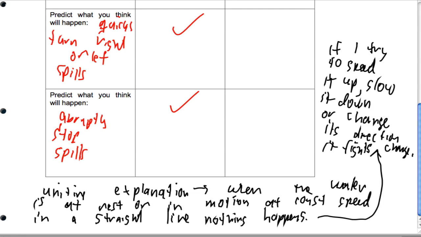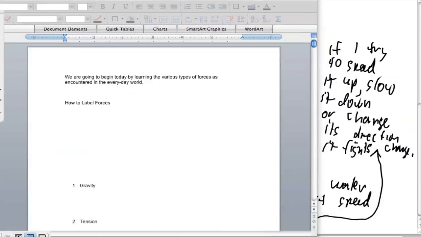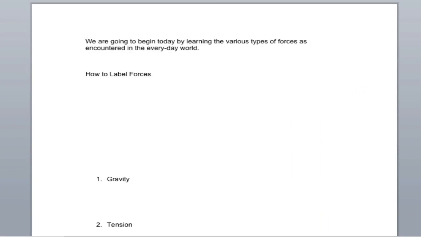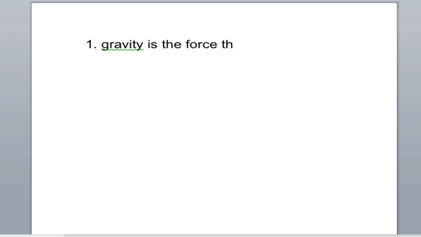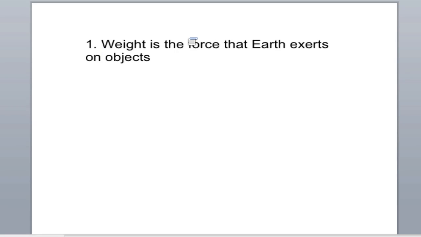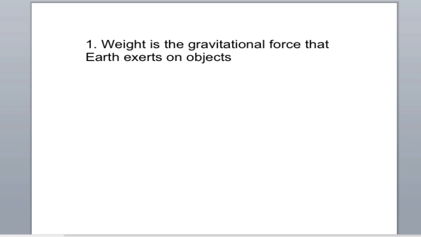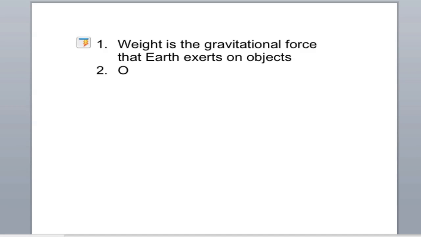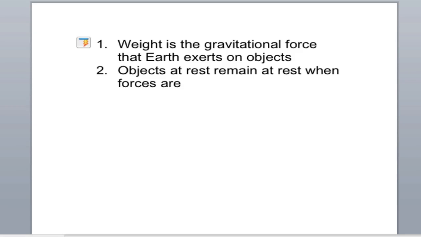So we've got a little conclusion to reach here, and I actually kind of want to write that up. So our conclusion, number one, sorry, weight is the gravitational force. 2, objects at rest remain at rest when forces are balanced.